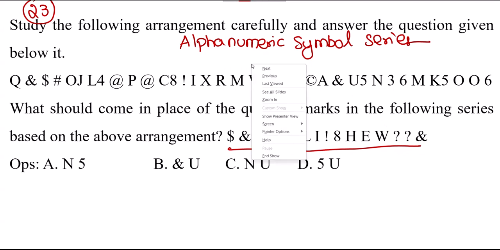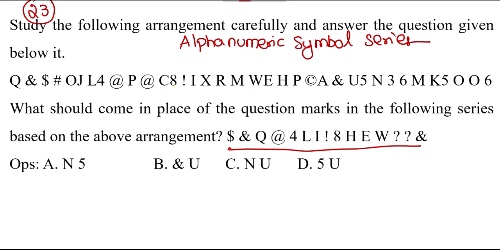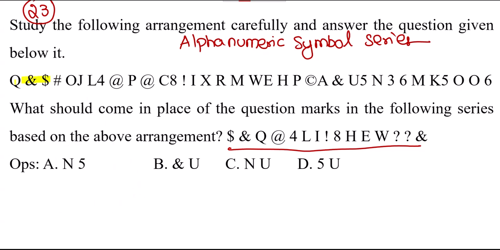Now if you observe that series, what are the letters involved? Here they mention dollar and Q. Dollar and Q are available in reverse direction. Then @ 4 L, they removed 3.